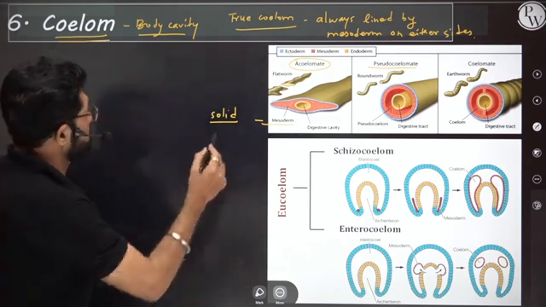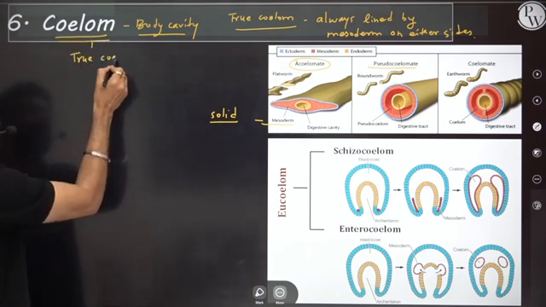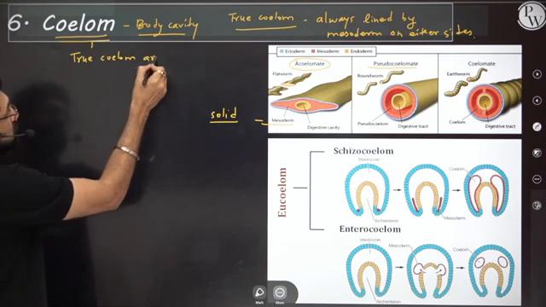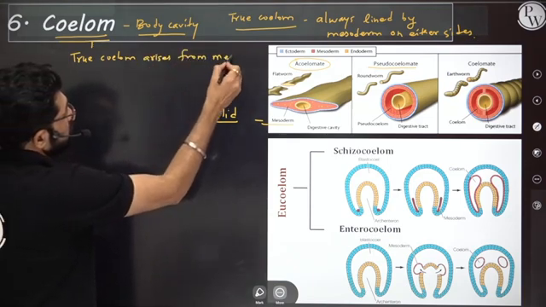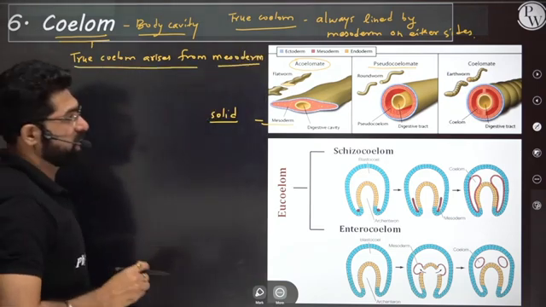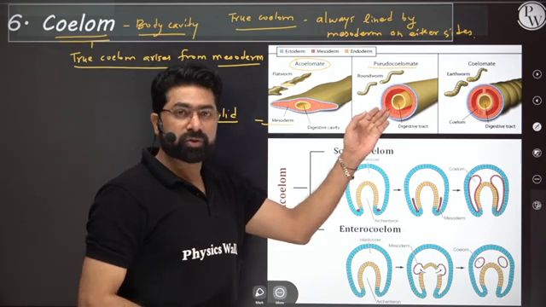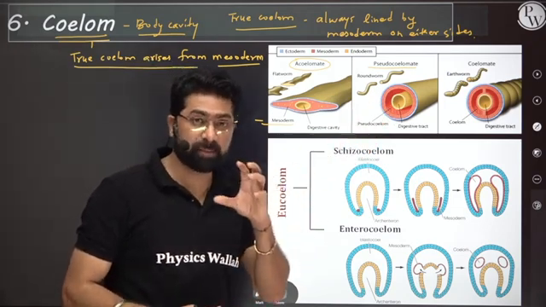So let's see one point. True coelom arises from the mesoderm layer. But in pseudocoelom, it is not coming from mesoderm; it is coming from the blastocoel, the cavity present in the blastula stage.